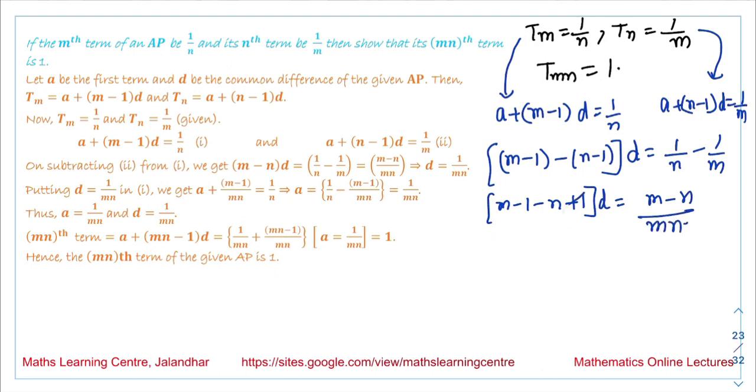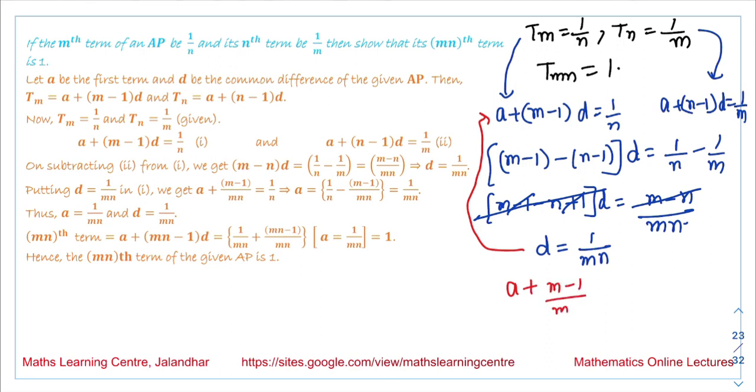into n. These two get cancelled, this whole term gets cancelled. So the value of d we get is 1 over m into n. Now if we substitute this value of d in, suppose, this first equation, we get a plus m minus 1 over mn, that is equal to 1 by n.